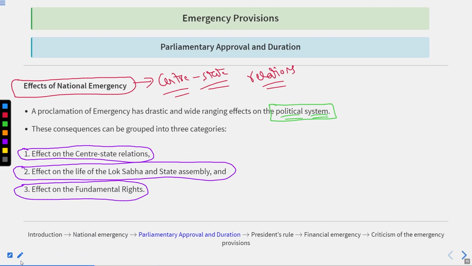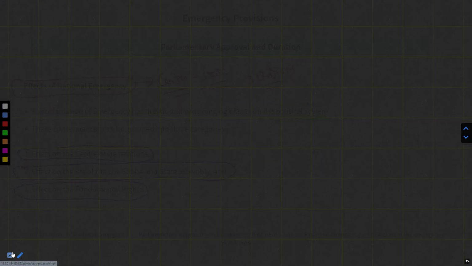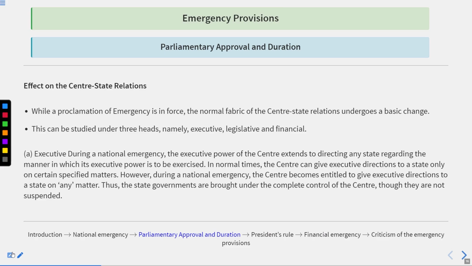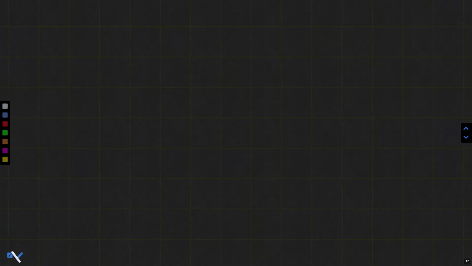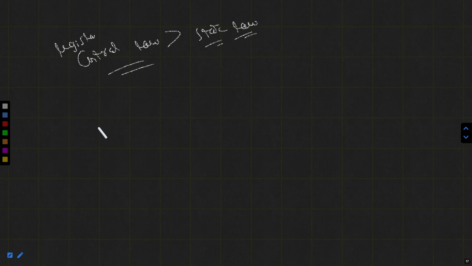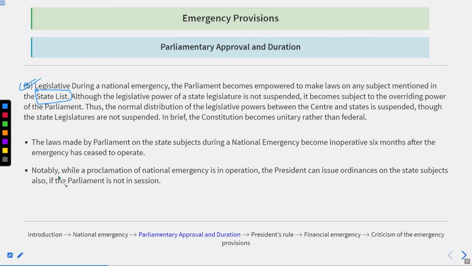It means the state government could also make laws on the same matter, but the powers would be given to the center, or you can say the central law will have overriding power over the state law. All right, that will be the thing.